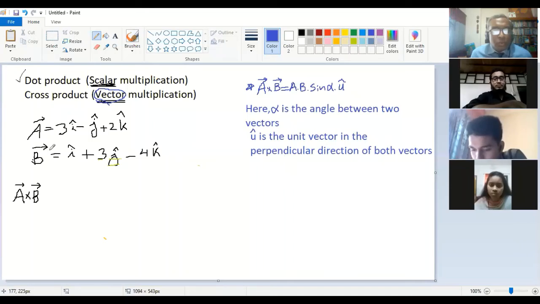Say one vector is A and this is the direction. Another vector is B and that is the direction.